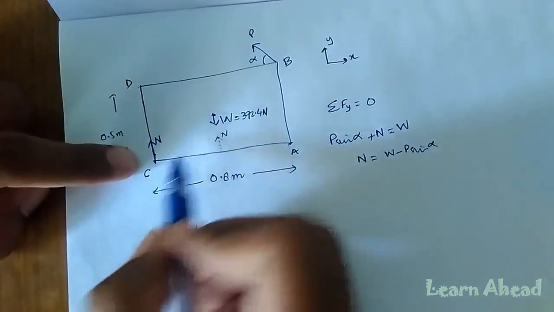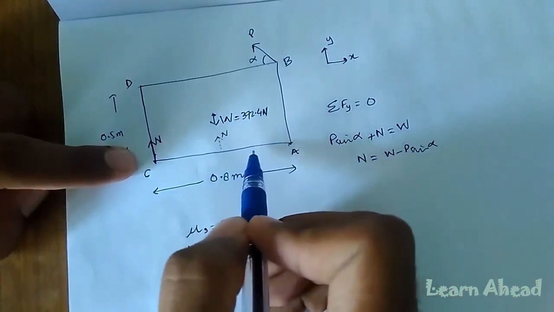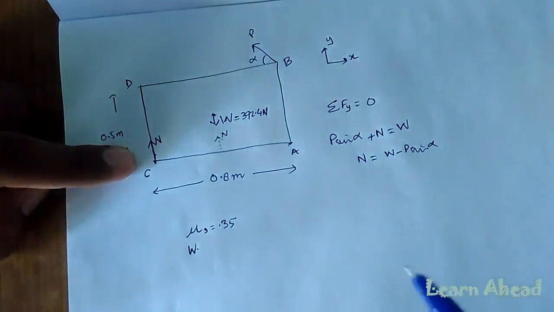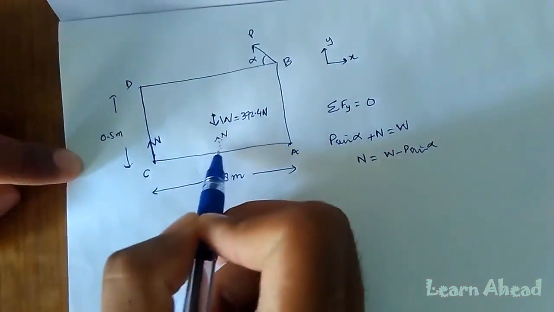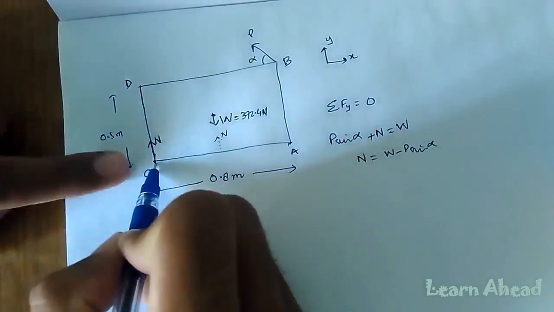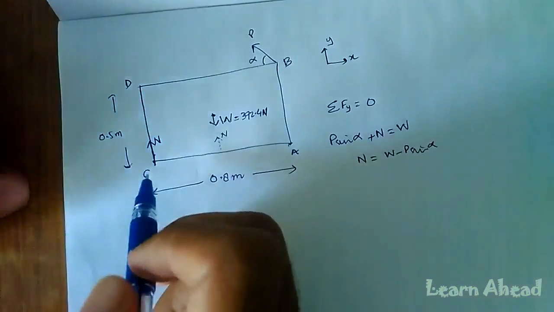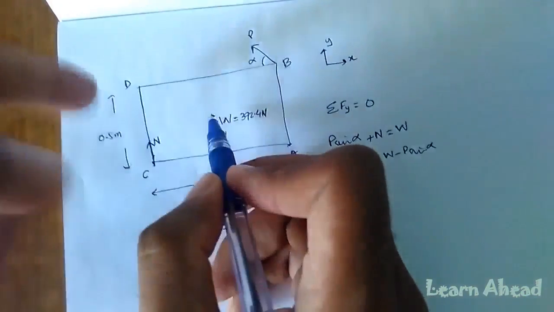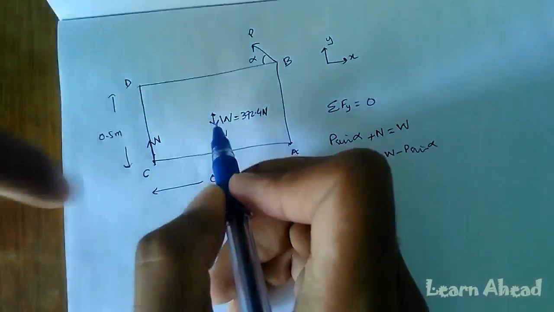And the reason being that this normal reaction can act anywhere here, but it will try to offer as much resistance as possible to the toppling nature. To do that, it will just act toward the leftmost available point, because it can provide more torque. If you see about the center, it can provide a net torque here, more torque for the resistance.